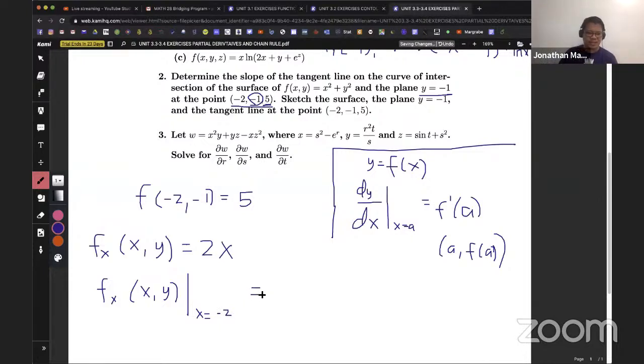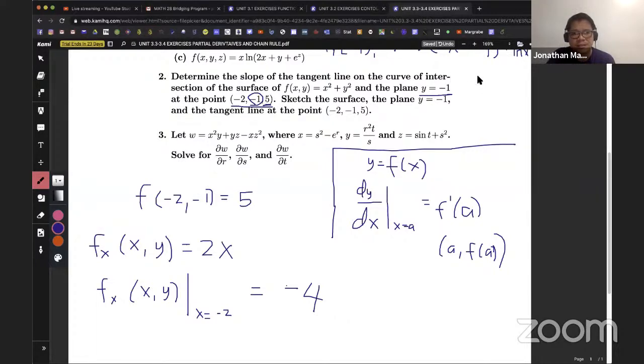What is f sub x of xy evaluated at negative 2? Negative 4. That's correct. That is negative 4. Therefore, this is the slope of the tangent line.